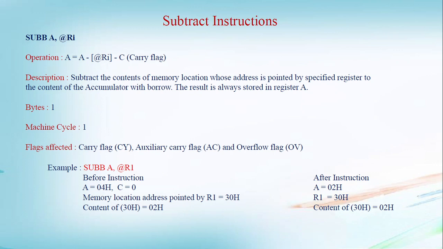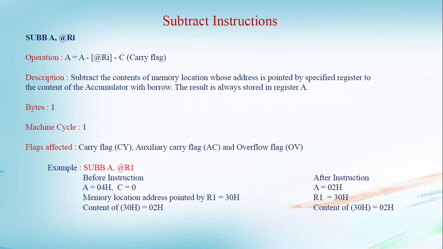Next, SUBB A, @Ri. It means subtract the contents of the memory location whose address is pointed by Ri from the content of the accumulator with borrow. Let us go directly to the example. SUBB A, @R1.